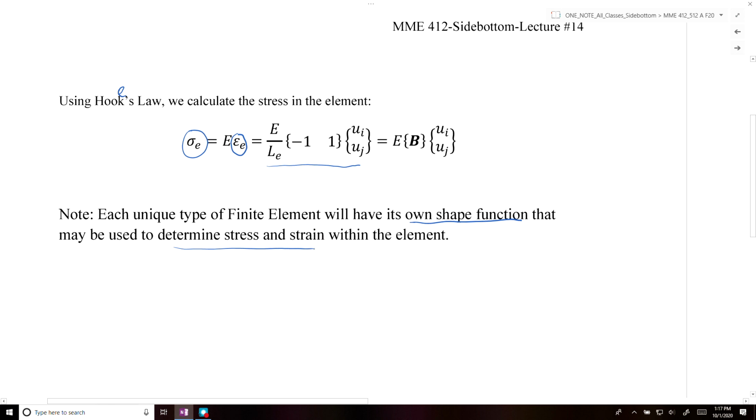But they all follow a similar process: taking the known values of the displacement you determined from your global stiffness matrix, and then calculating the stresses and strains using those known displacements that you solved for in the original problem.